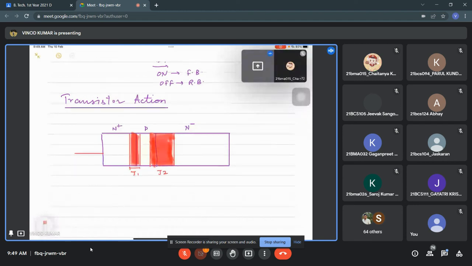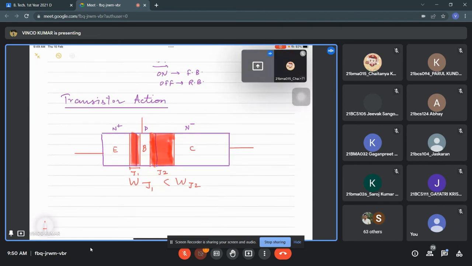So because emitter doping is highest, so emitter के केस में ज्यादा doping है और collector के केस में कम doping है. So this is base. Okay. So depletion width of J1 is less than width of J2.